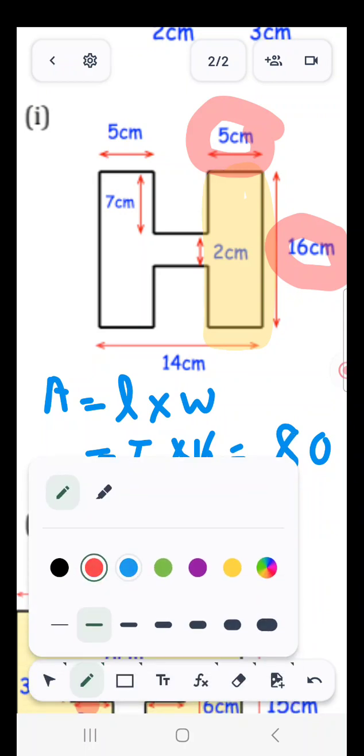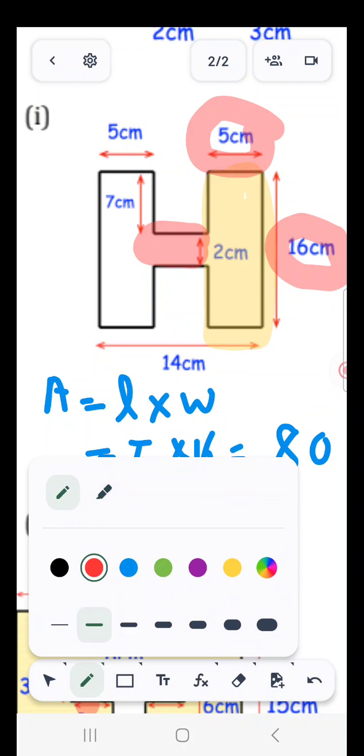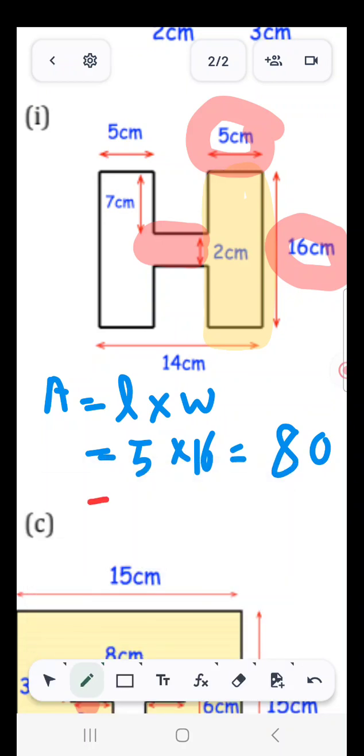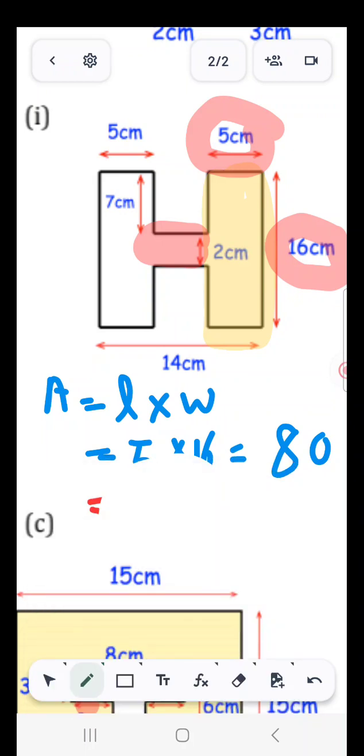And the next one, let me highlight it first.